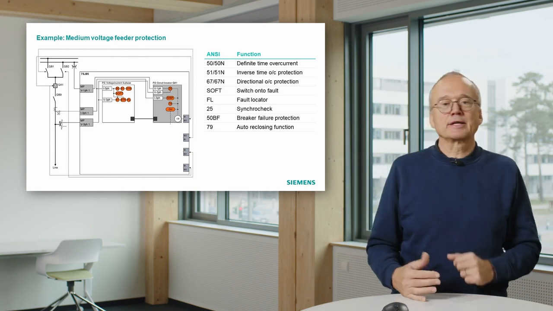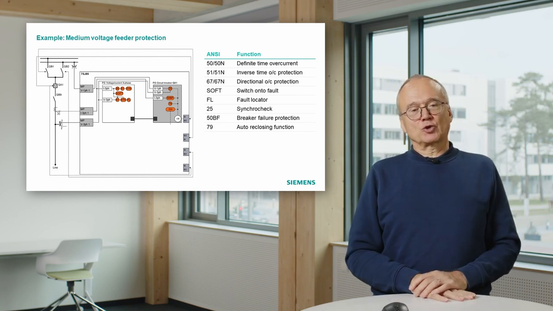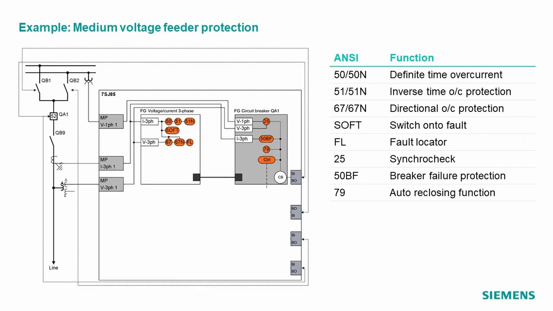FL is the fault locator, 25 is the synchro check, where we assume it is used here. It requires two voltage transformers, one on the line side and one on the bus bar side. We have a 50BF, meaning breaker failure, and in this case we also have an auto reclosing function because we assume it is an overhead line.